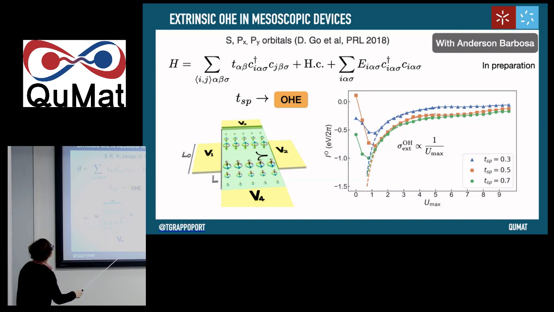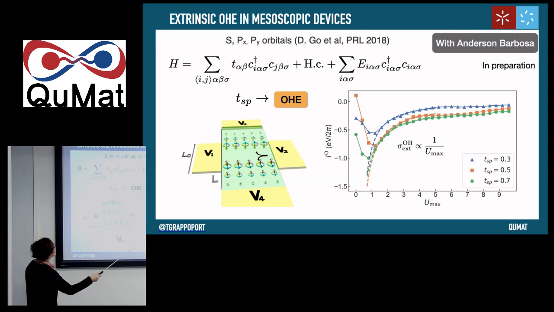But we can have a much larger region where you can have relaxation processes, where we are not having the generation of the orbital current. So we can calculate the orbital Hall effect, but also the relaxation processes.